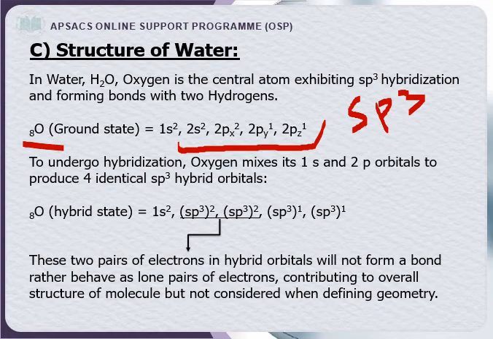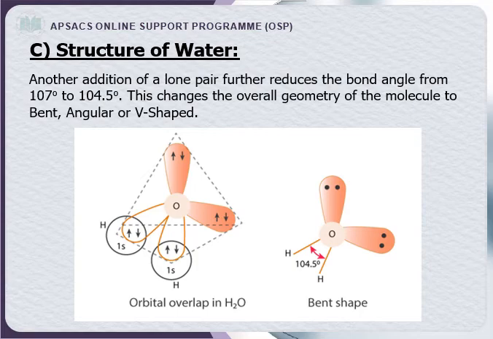In this case, 4 sp3 hybrid orbitals will assemble in tetrahedral geometry, but 2 of these orbitals will be occupied by 2 lone pairs, as they were present in 2 of the orbitals of the oxygen atom, right? The other 2 will hold 1 electron each. Here it is given, this is the tetrahedral arrangement in which 2 bond pairs are formed when hydrogen is bonded with the sp3 hybrid orbital by means of an overlap.